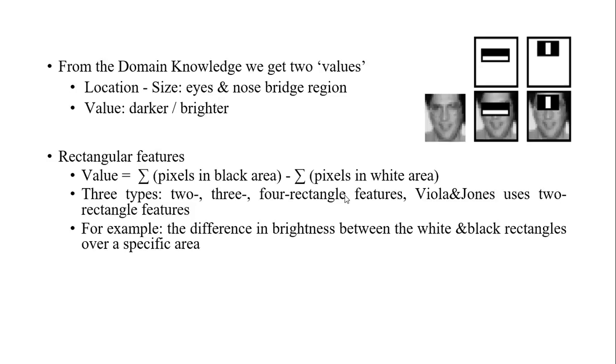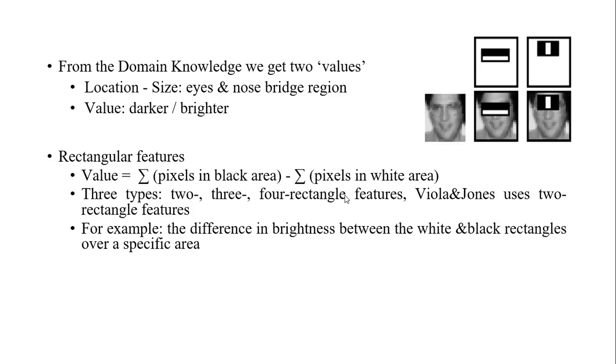Now, the Viola-Jones algorithm makes use of the two rectangular features form. For example, the difference in brightness between the white and black rectangles over a specific area. That is a two rectangular feature property that is used by the Viola-Jones algorithm. It is clearly visible from the image snippet on the top right of the screen. The top row has a black area and a white area.